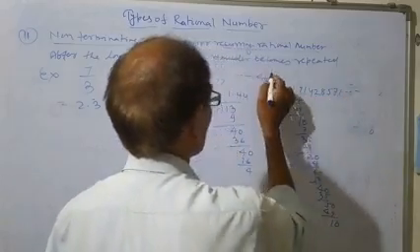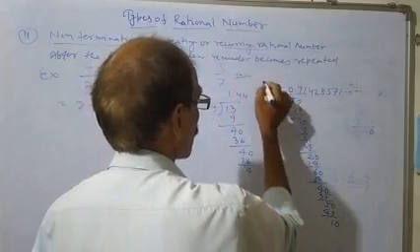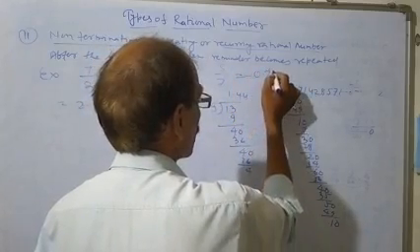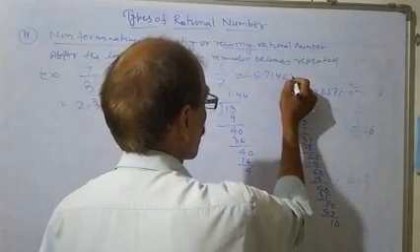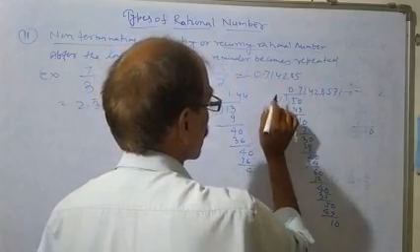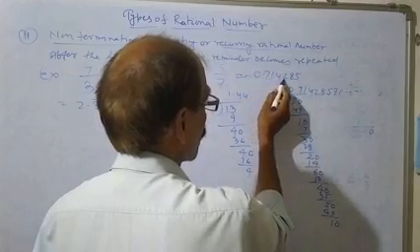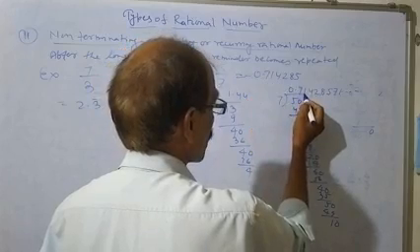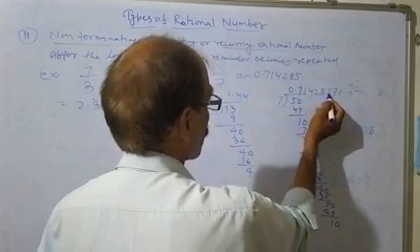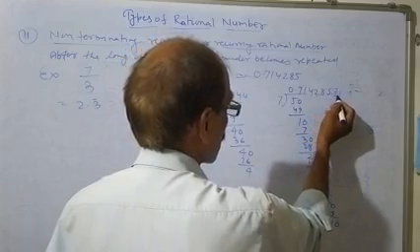Similarly we can write 0.714285 with bar, after that repeated.